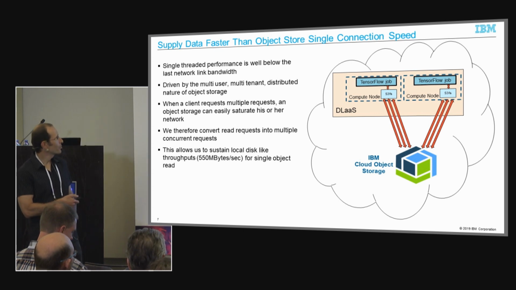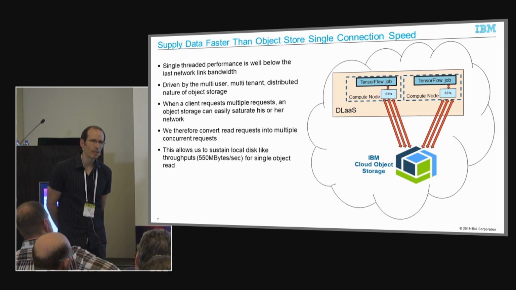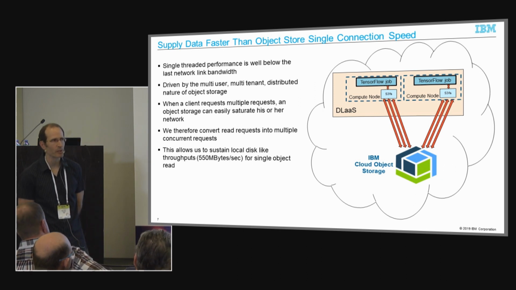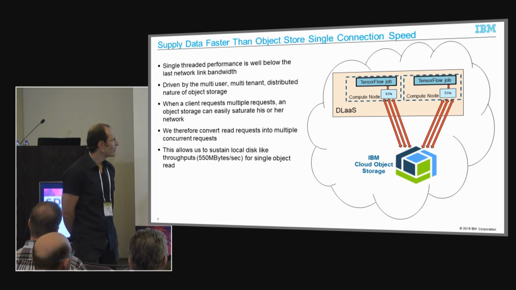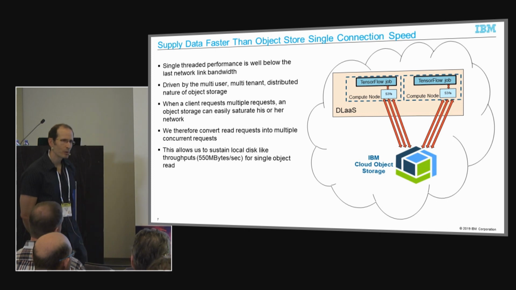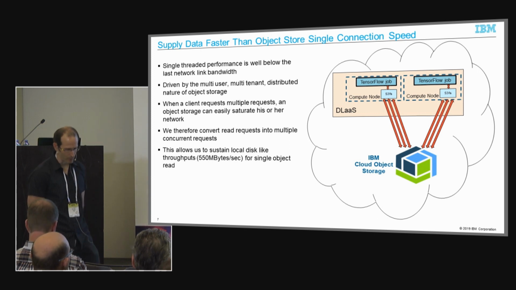So the first question is, how do we end up providing access to data at speeds that are comparable to what GPUs actually need, which we saw was around 570 megabytes per second? The answer is that object storage has a limitation in terms of latency and throughput when it comes to a single connection. Single connections are limited. We're somewhere around 40, 60 megabytes per second or so.